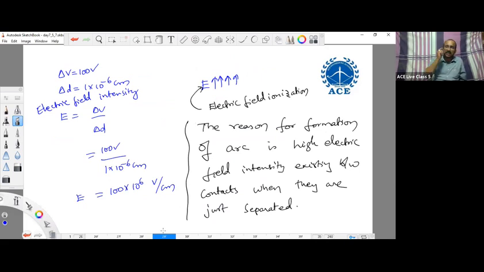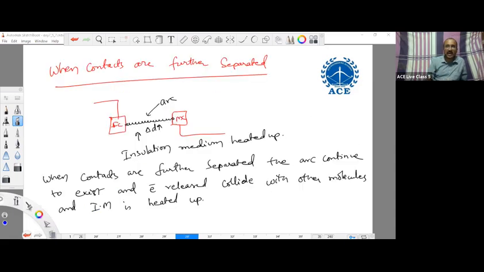So the reason for arc initiation is the high electric field intensity existing between the contacts when they are just separated by a very small distance. When the contacts are further separated, the arc continues to exist, and the released electrons collide with other molecules, and the insulation medium is heated up.